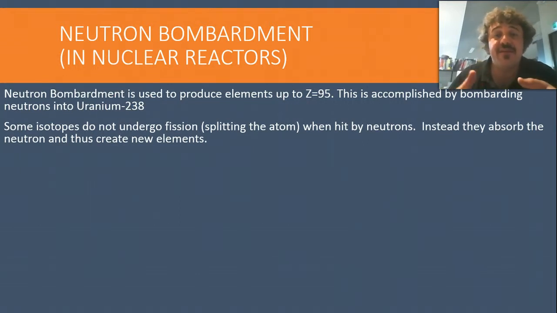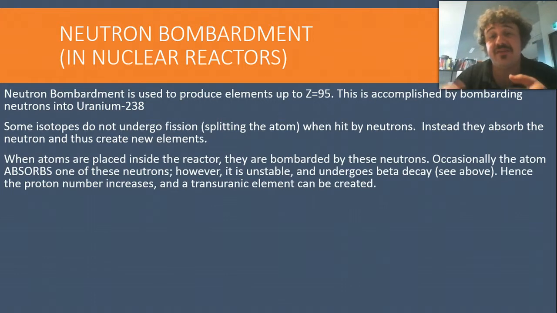The fissible ones, F-I-S-S-I-B-L-E, will go through nuclear decay. They will fall apart, they'll split apart basically once we hit them with neutrons. But some don't. And in this case, uranium-238 is non-fissible.